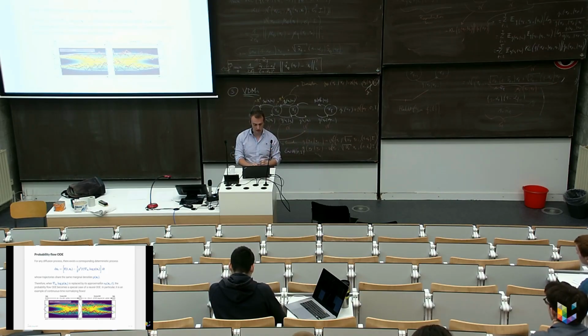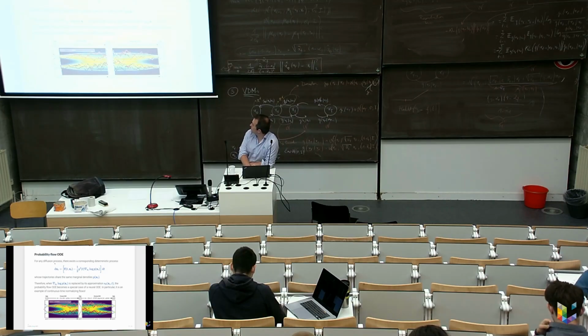But there is another result which says that if we just look at the marginal densities of this process, so the P of xt's, then there exists a corresponding ODE, an ordinary differential equation, non-stochastic, which shares the same marginals. And again, this is something that we know analytically.